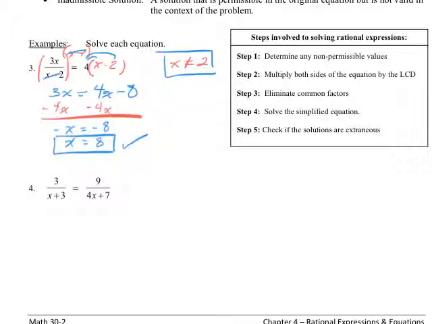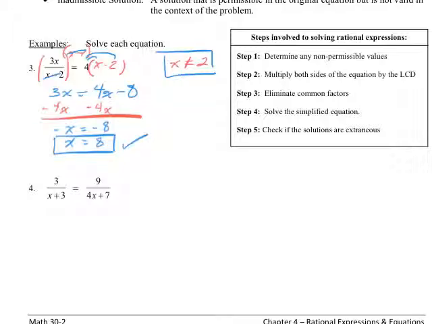Looking again at the procedure, we did step 1, determined non-permissible values. Then we did step 2, we multiplied both sides of the equation by the common denominator. Step 3, we eliminated common factors, this x minus 2 and that x minus 2. We got this simplified equation here, and we solved it to get our final answer of x equals 8.